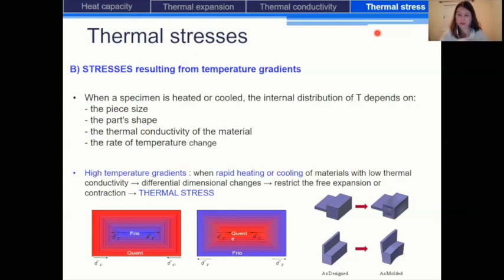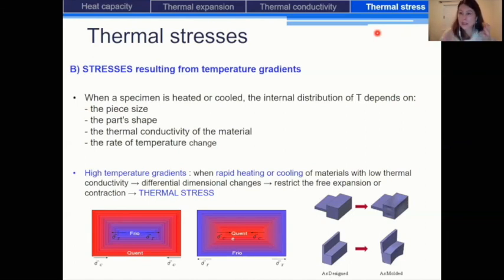And for example, when we produce pieces that are injected, made of polymer, if you remember, we inject a hot, melted polymer into a mold, and then once the mold is filled with polymer, the temperature of the mold decreases.